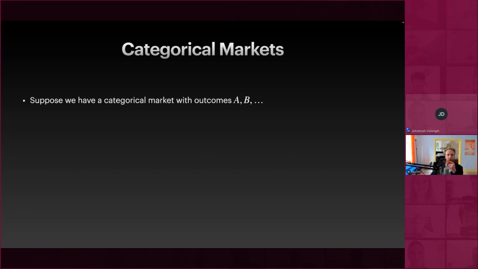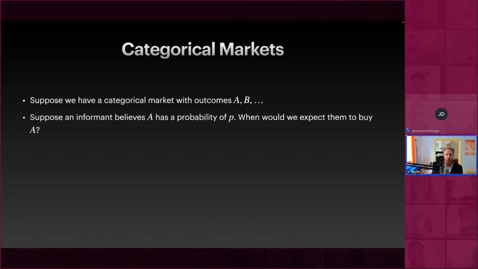Suppose we have a categorical market with outcomes A, B, and so on. A could be Manchester United, B could be Real Madrid. And suppose an informant believes that A has a certain probability, P. When would we expect them to buy A? When would that make sense?